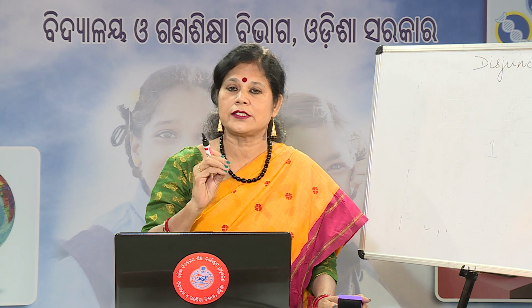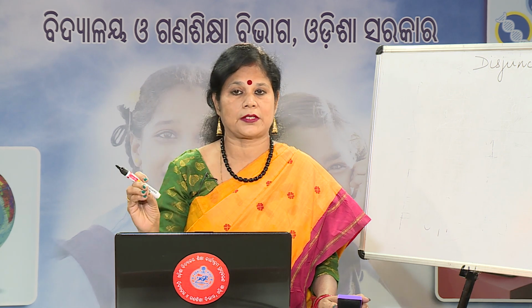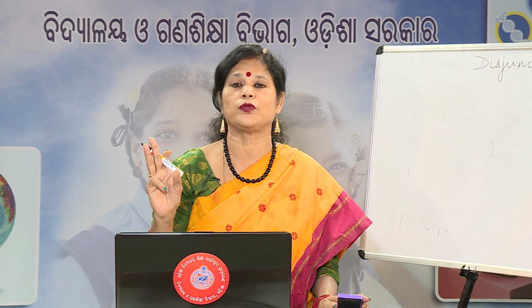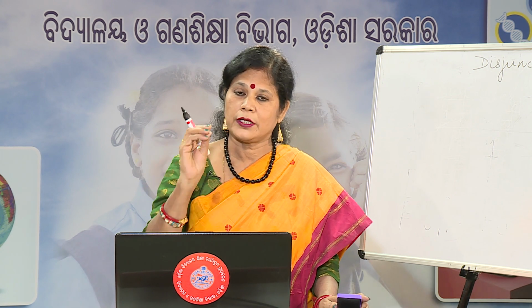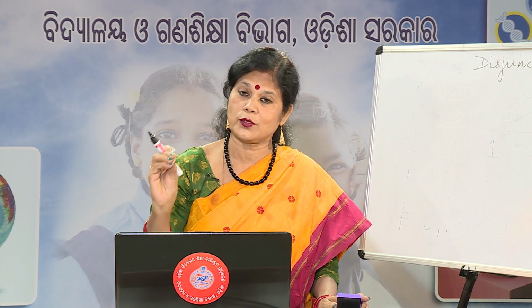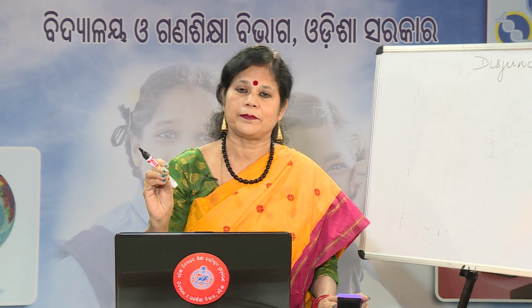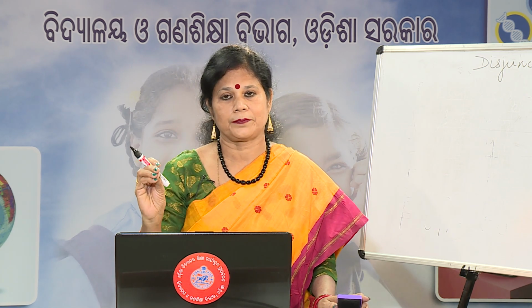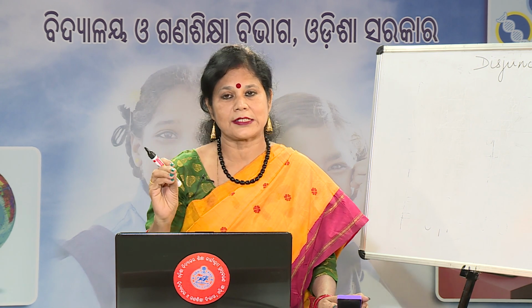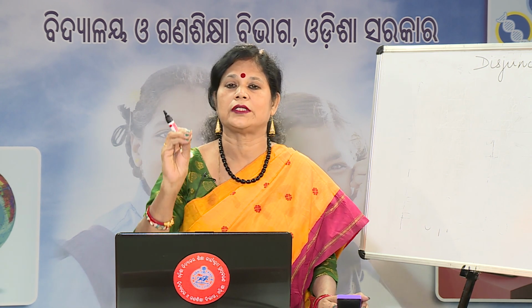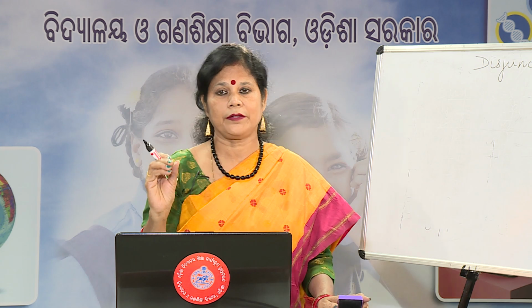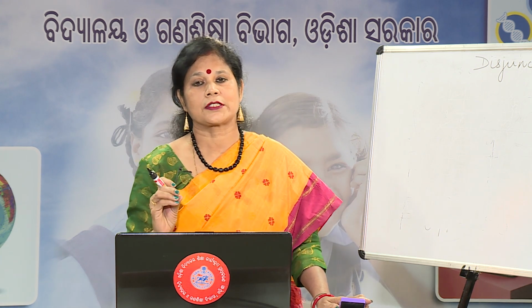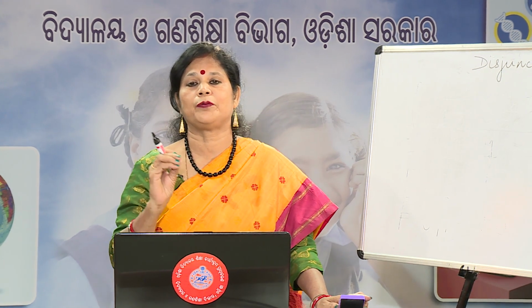When or is used in the exclusive sense, then it is called alternative proposition, and the form is not both and. Okay? So, now we will discuss the disjunctive function.